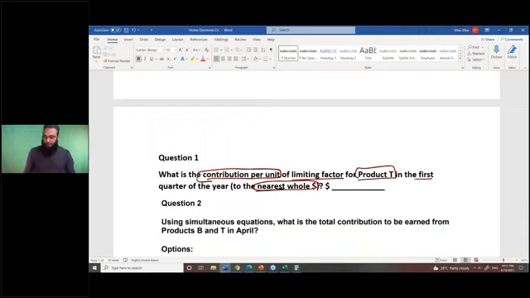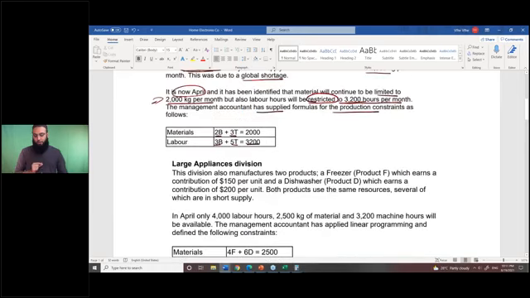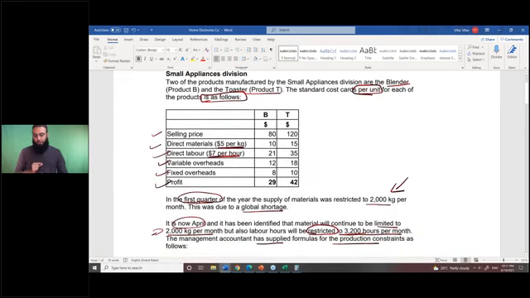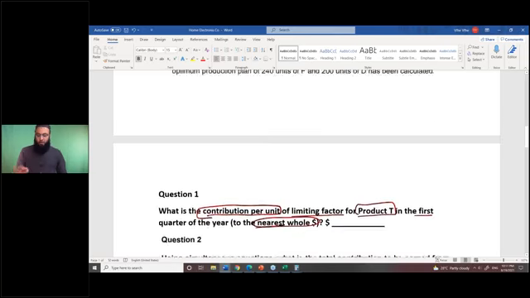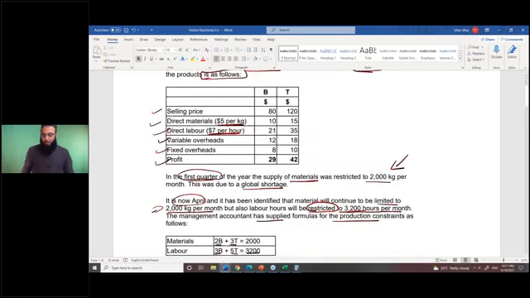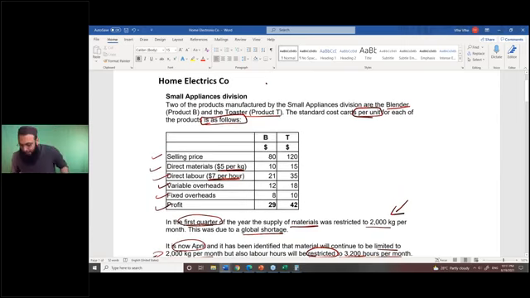Okay. Now, in the first quarter, do remember, the limiting factor was material only. So what they need us to work out? They are asking us to work out the contribution per limiting factor. Okay. So just keep this in your mind. And it's not a very difficult working, to be honest.